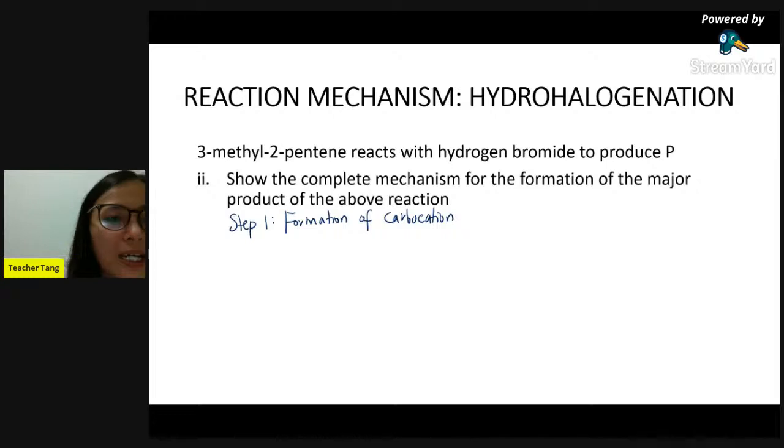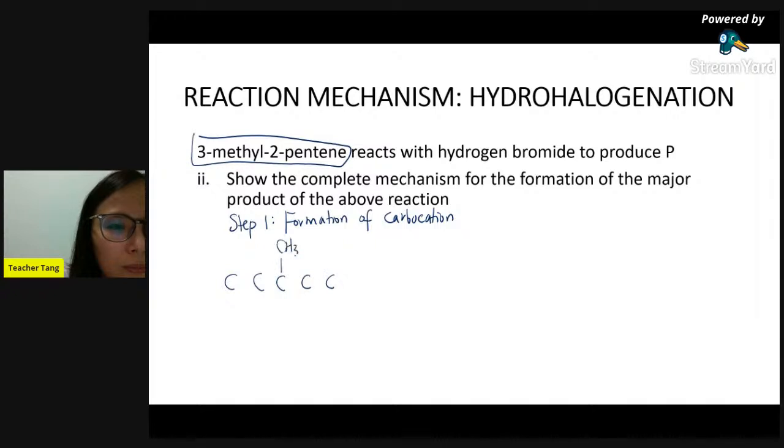Again, we need to start with the break. So our break here is 3-methyl-2-pentene, react with HBr.